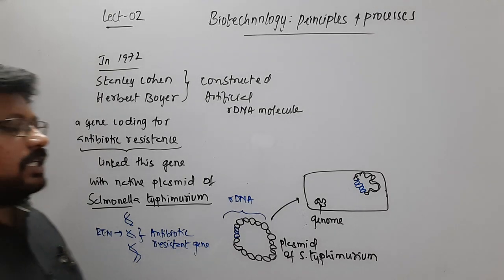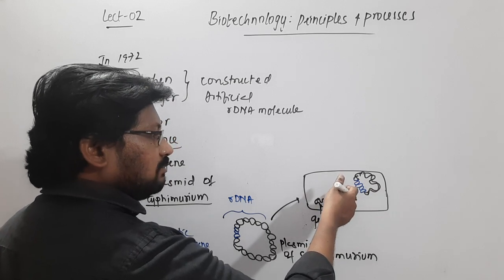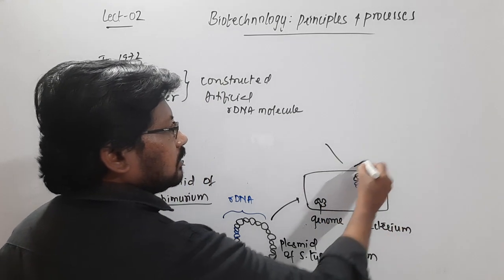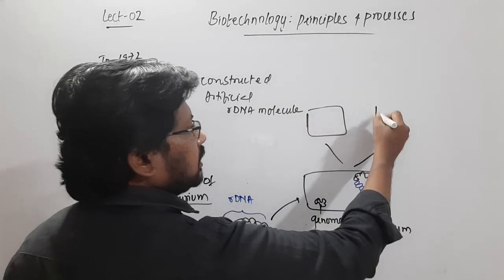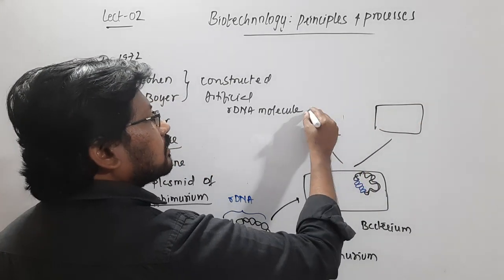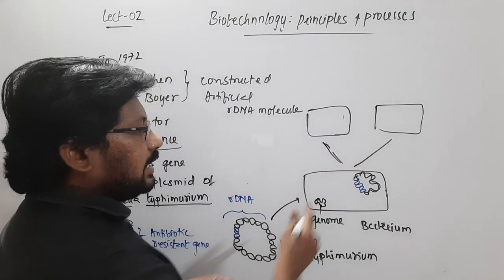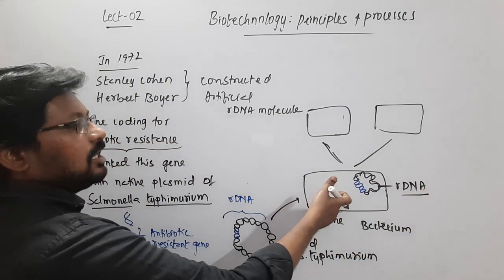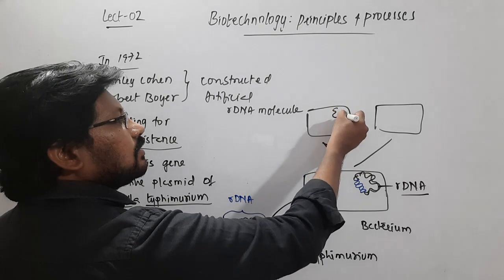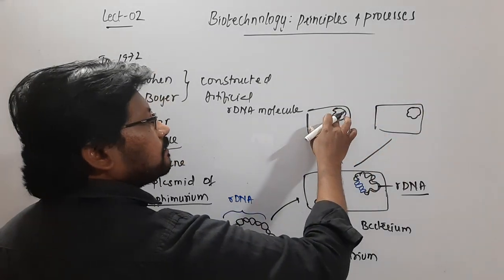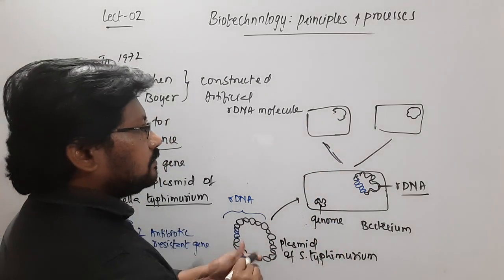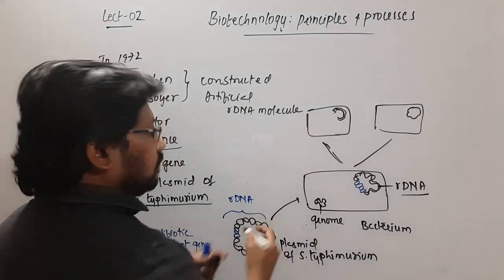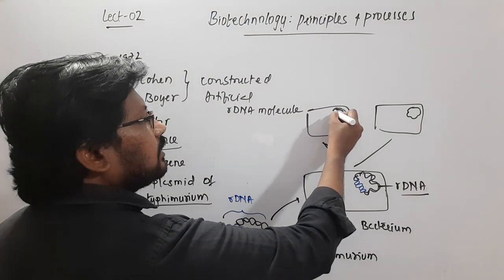Now it will start expressing inside, and at the same time, when this bacterium multiplies, this plasmid, which is the rDNA actually, right, will also get multiplied.